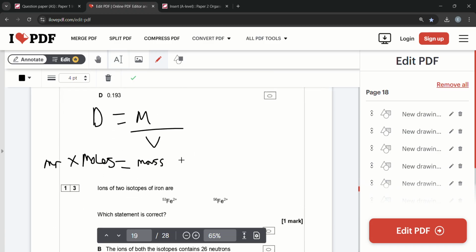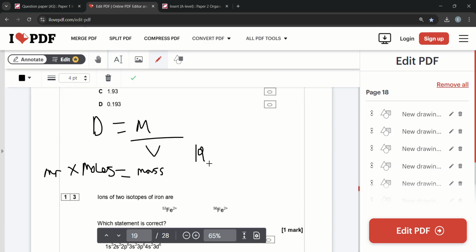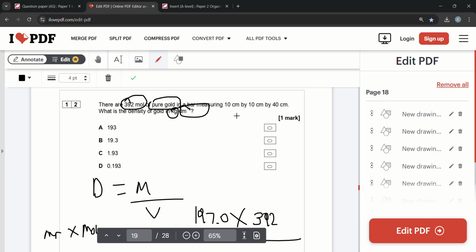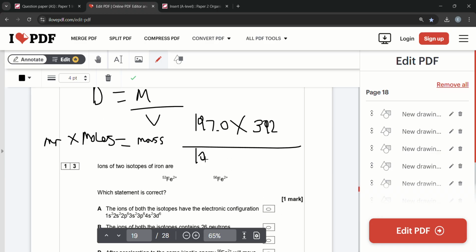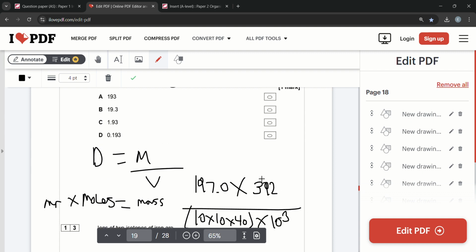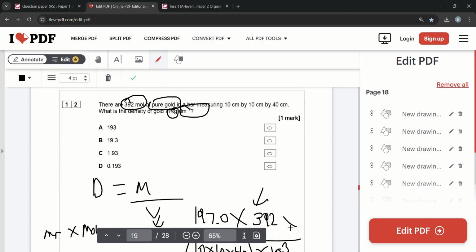So the mass of gold is going to be 197.0 times the number of moles, 392, divided by the volume, 10 times 10 times 40. However, because we want it in dm cubed, we have to divide it by 1000, so times 10 to the power -3. And because the mass is originally in grams and we want it in kilograms, we also have to divide by 1000.